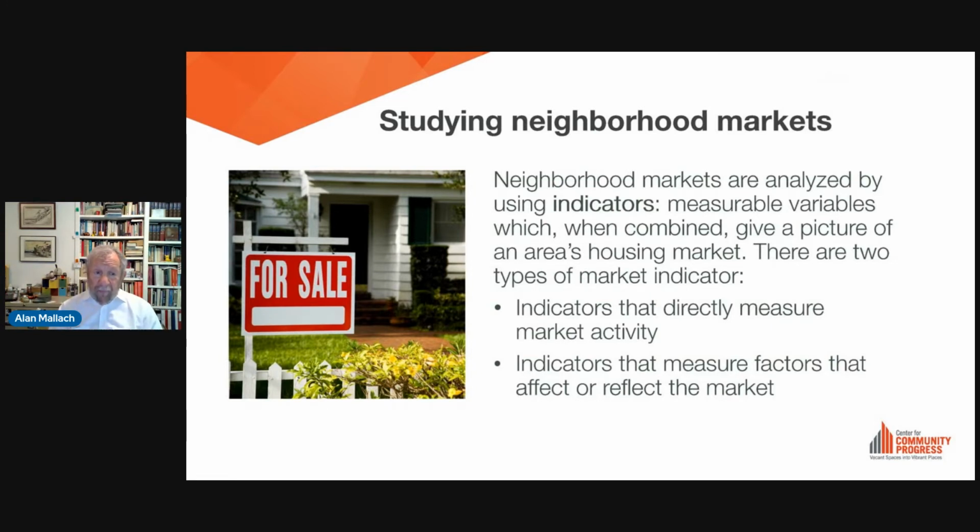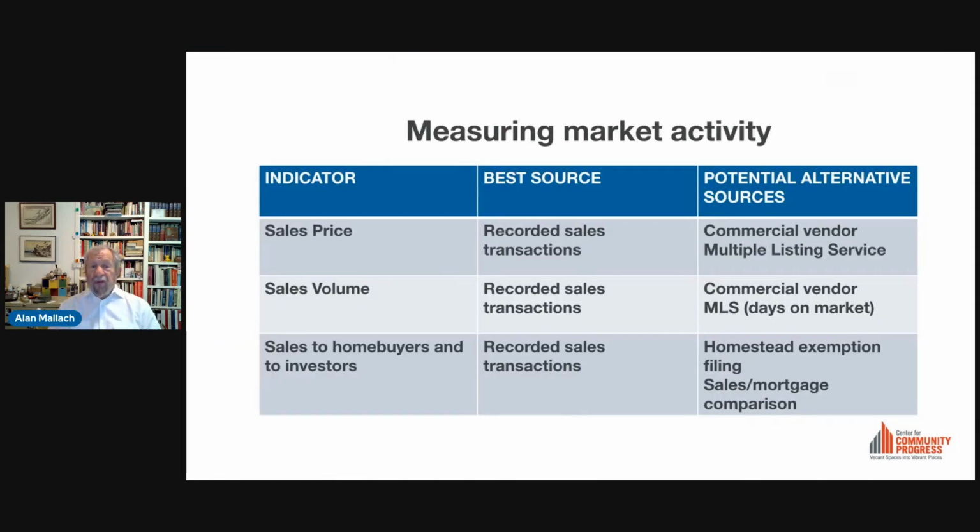And the second are indicators that measure factors that influence the market. They're not market as such, but they influence the market in significant ways. So next slide. So the first set are measures of market activity.